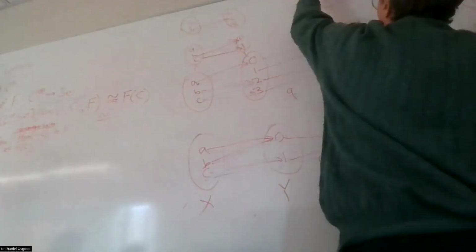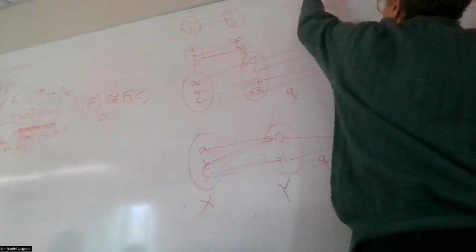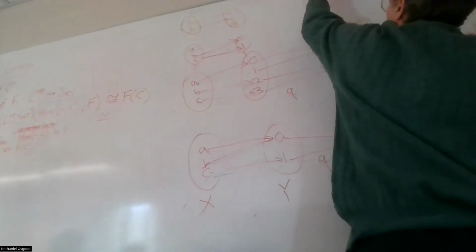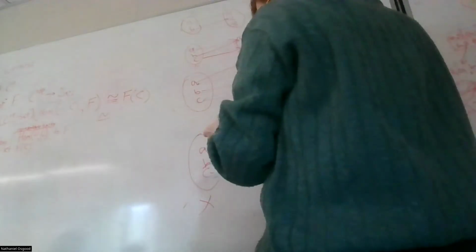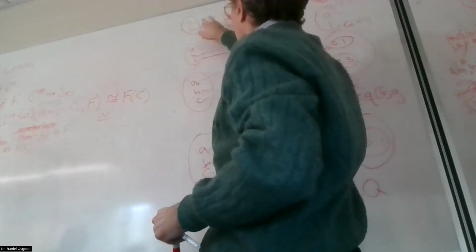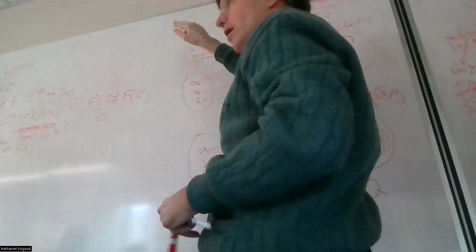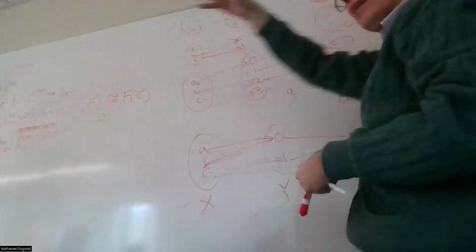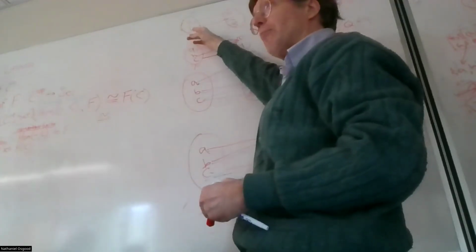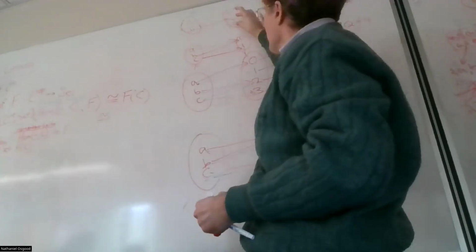So this is the intriguing thing. This is all one component because 1 and 2 are identified because of A. They're in the same equivalence class. 2 and 3 are identified because of B. They're in the same equivalence class.